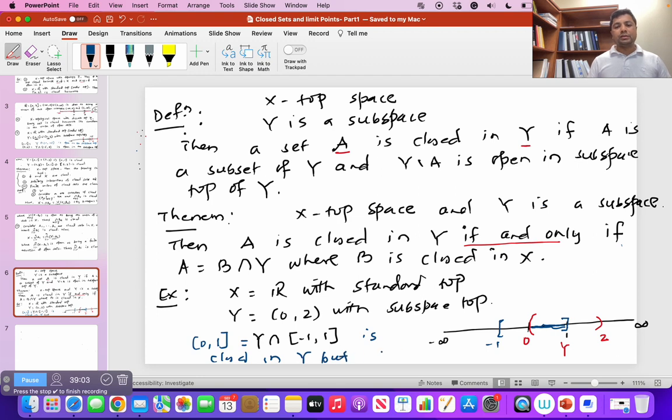But obviously this is a half open interval, so it is not closed in the standard topology.